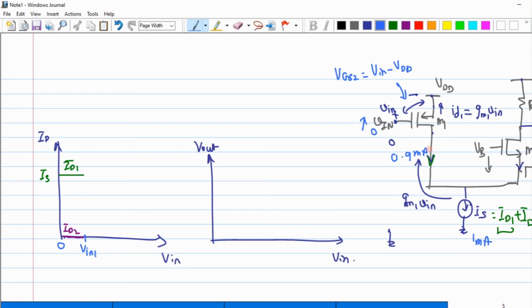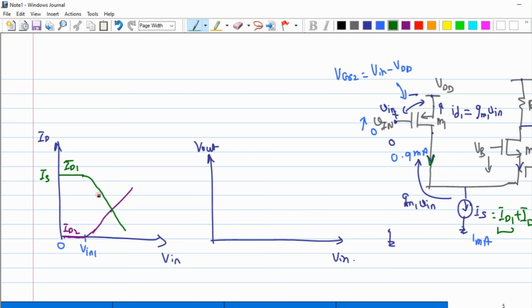So in a sense the current through my M1 has dropped, which means that the current through my M2 has to rise. Clear? Now there is a particular value of Vin at which both these currents will be equal to each other. So at a particular point both my ID1 and ID2 will be equal, and that is this particular spot.